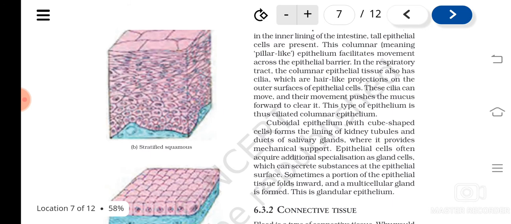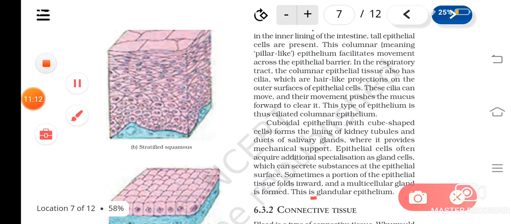Understood? Now, cuboidal epithelium. What is the shape of these cells? The cells will be cube shaped. You can see them in the lining of kidney tubules, ducts of salivary glands, etc. Their function is to give mechanical support. And when epithelial tissues have the additional function of secreting materials, we call it glandular epithelium.